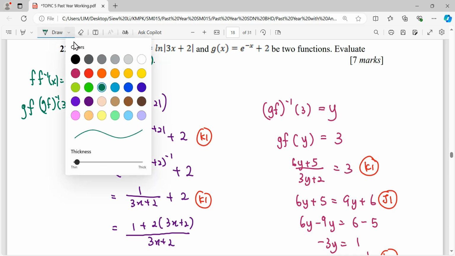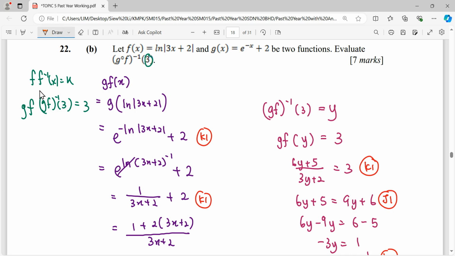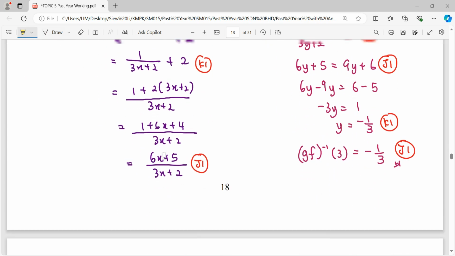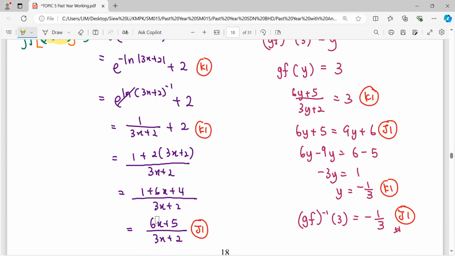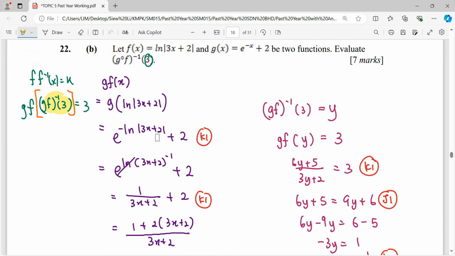So what we need to do is substitute gf inverse 3 here into our function gf. So our function gf is this. So it will substitute 6x and 3x here. So mapping a composite function and its inverse, x will go back to x.